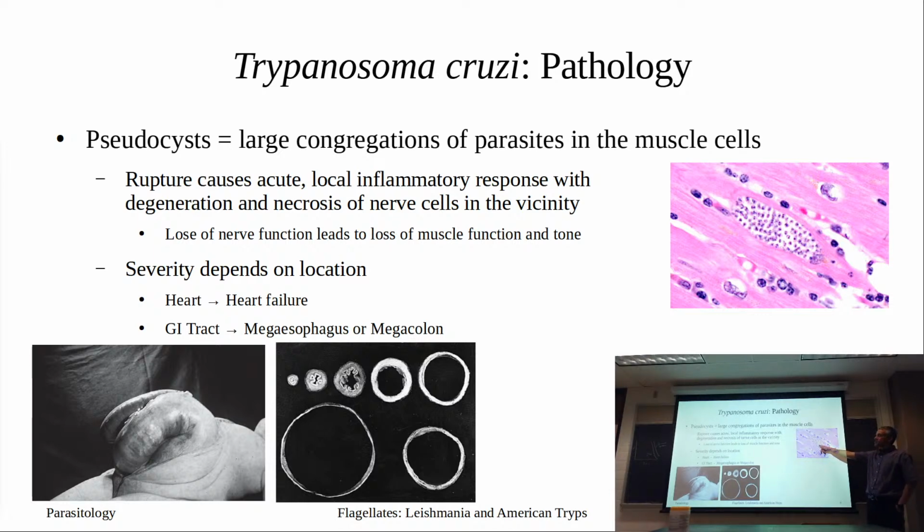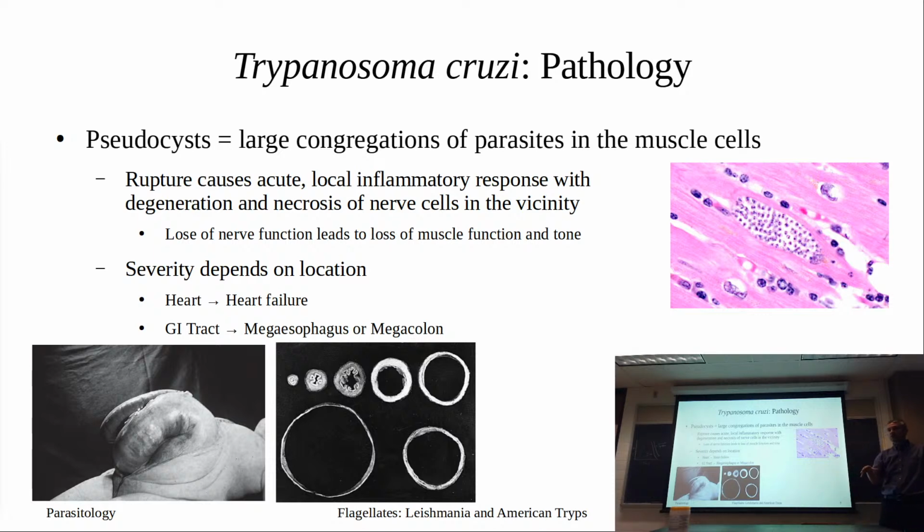When this thing eventually bursts, which it will, it's going to cause a local inflammatory response that causes degeneration and necrosis of surrounding cells, because that's how our body responds. You potentially kill off nerve cells that were innervating those muscles.